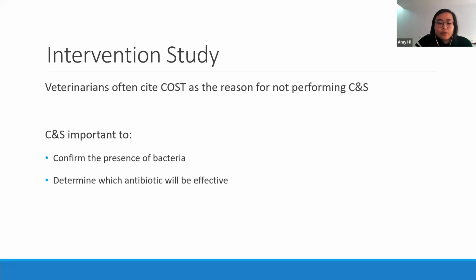C&S is important because it helps to confirm the presence of bacteria, and if bacteria is present, to determine which antibiotic will be effective in treating the infection. Without this test, veterinarians may be prescribing antibiotics unnecessarily or inappropriately.